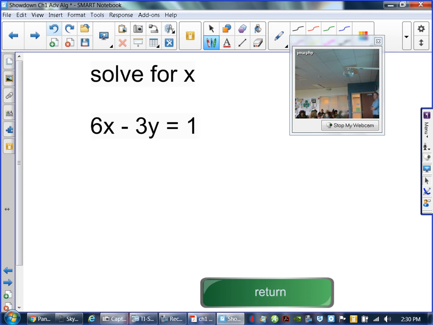The reason it's linear is because it has two variables. And it's written in what's called standard form. Vaguely remember that? You know, ax plus by equals c, and all those rules about a, b, and c.